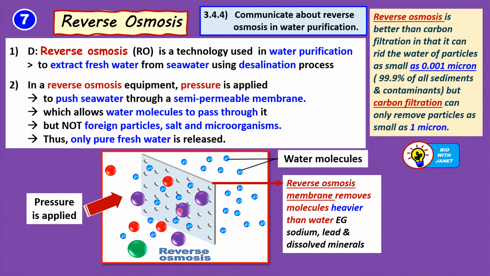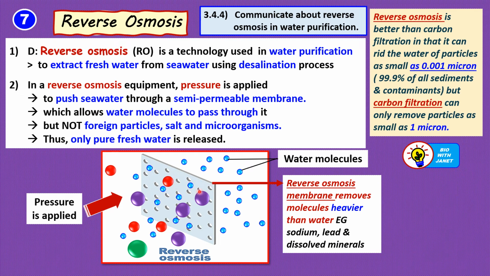And microorganisms also cannot pass through. Thus, only pure fresh water is released on the other side. So this is the membrane here, we call it the reverse osmosis membrane. It has very tiny pores that only allow water molecules to pass through it.